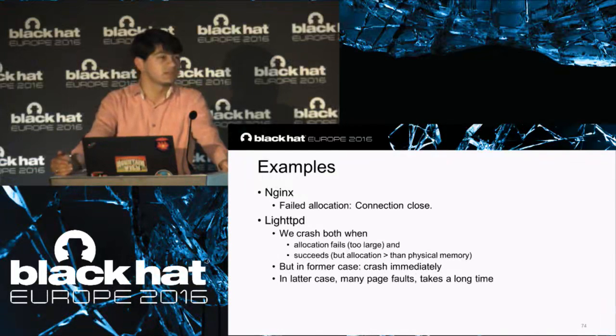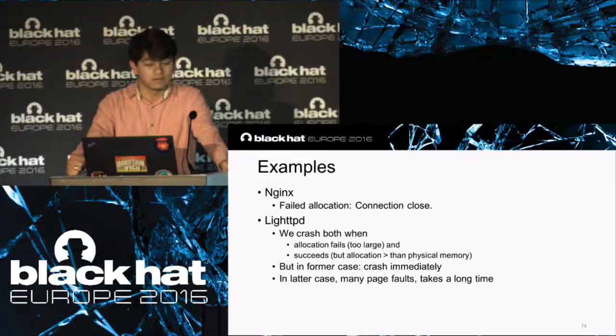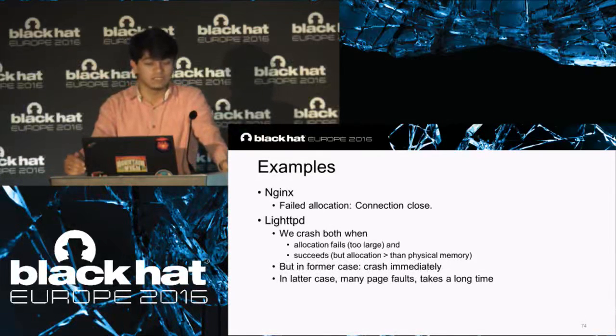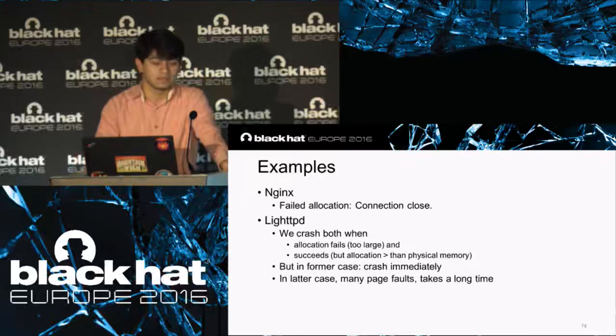And if there's not enough physical memory, it will run out of memory and then crash. But the nice thing is, if the allocation fails, the response will take long, and if it succeeds, it will be much faster. And then LightTPD restarts when it crashes.